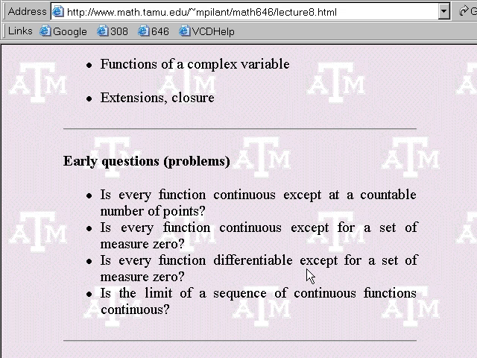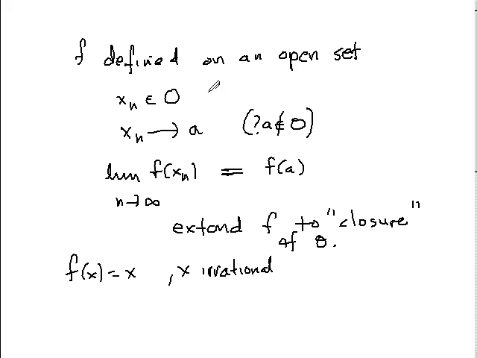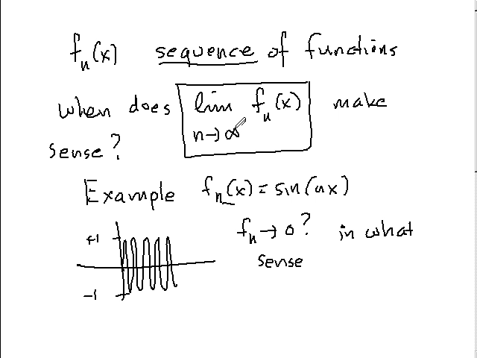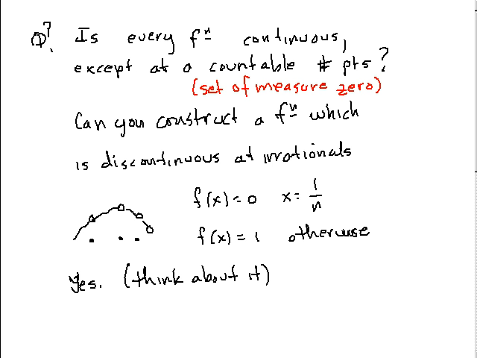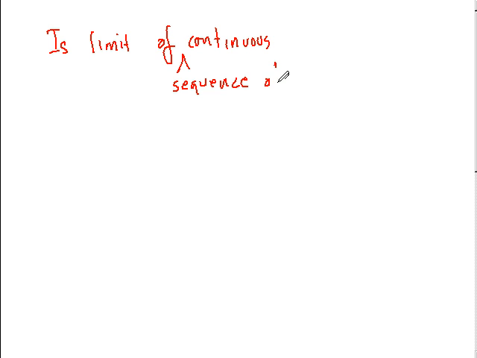Another very deep historical question that relates to this idea of a limit of functions is, if you have a sequence of continuous functions, is the limit of that sequence of continuous functions continuous?